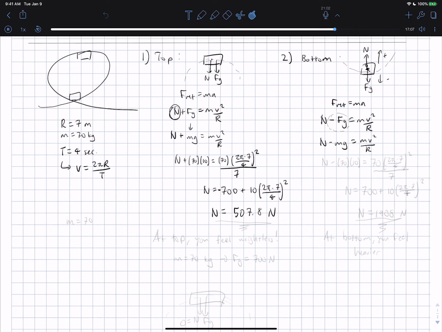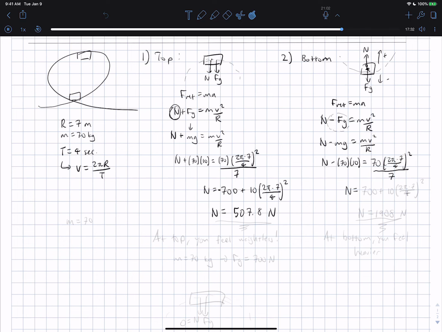So we plug in our numbers, we get the normal force minus 70 times 10 equals 70 times 2 pi times 7 over 4 squared over the radius of 7. And we can solve that out.